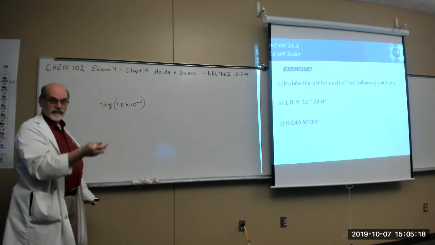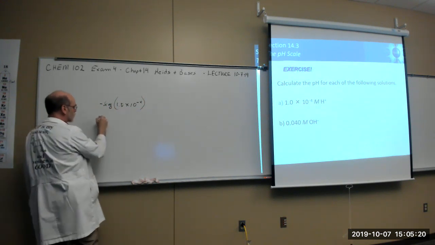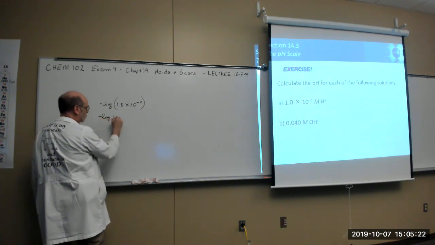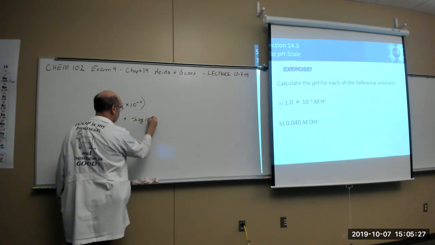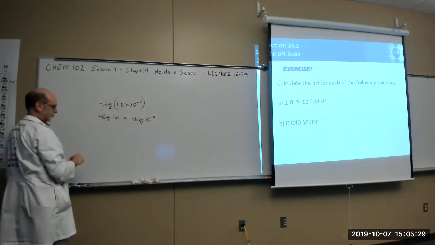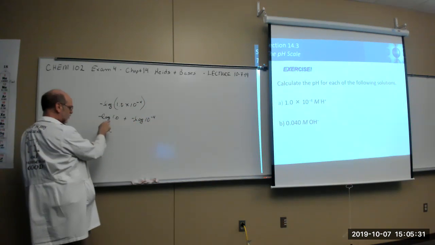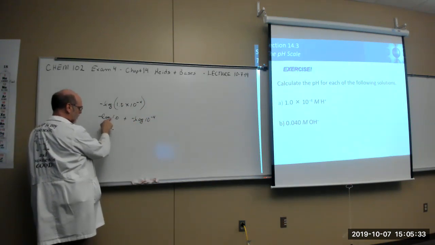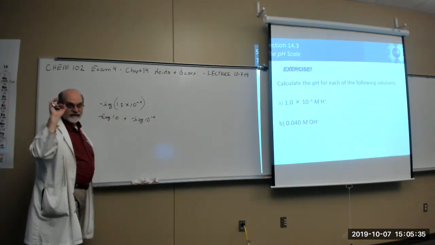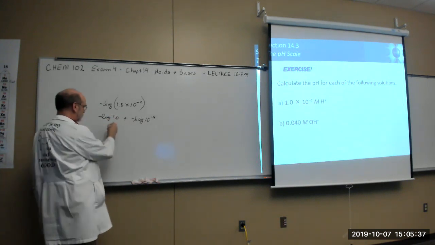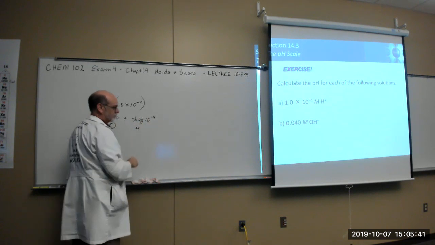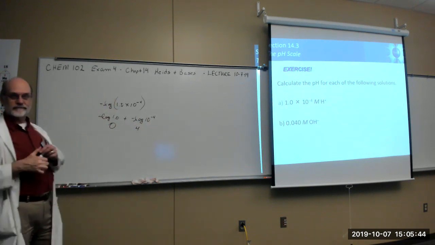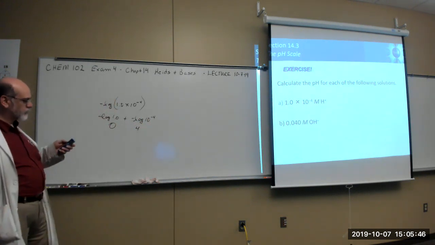So the times becomes a plus. So it's the negative log of 1 plus the negative log of 10 to the minus 4. Okay. So what's the log of 1? 0. And this one is 4. Okay. So the pH of that solution is 4.